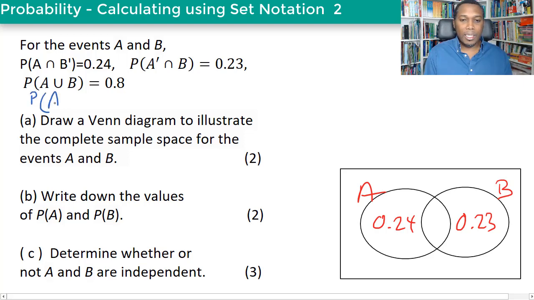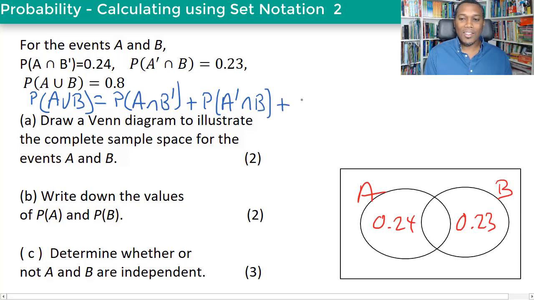I can write that the probability of A union B is equal to the probability of A intersection B complement plus A prime intersection B plus the probability of, what's the third probability? What's the probability missing? What goes in the middle here? It's A intersection B. So that's a relationship that could prove useful in future questions.